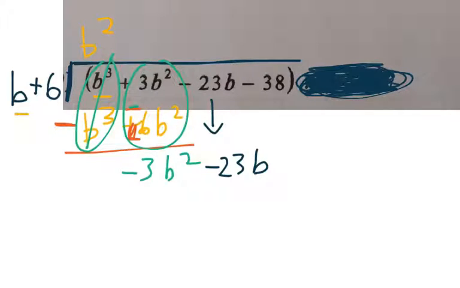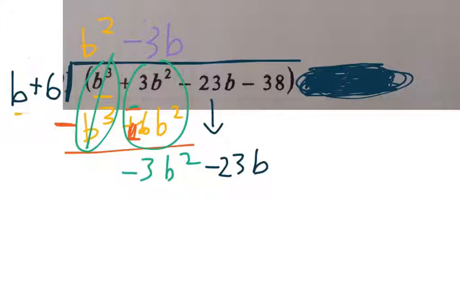Now here's the key step this time, guys. I have to match up that negative 3b squared exactly. So when I divide that by b, I'm going to end up with a negative 3b. And so what I'm going to do now is take negative 3b times b, like so.